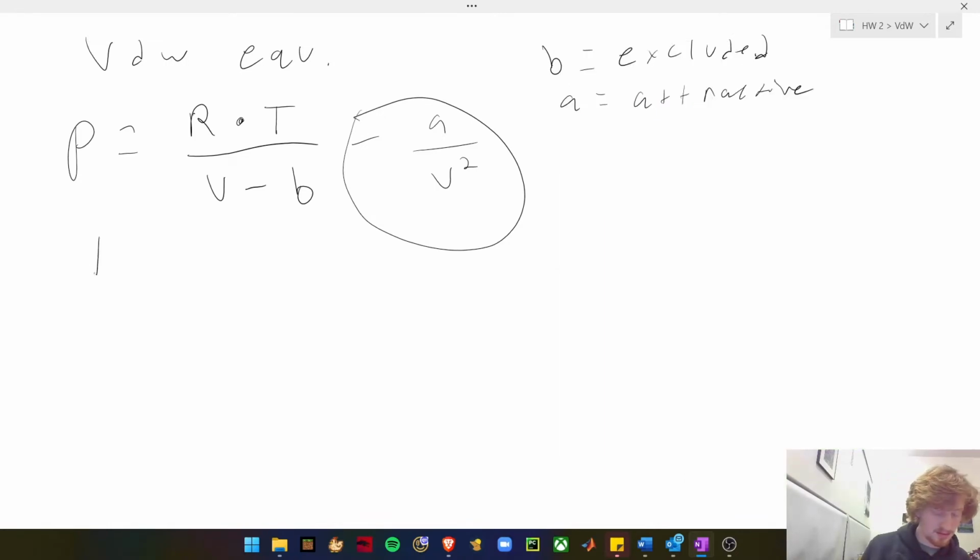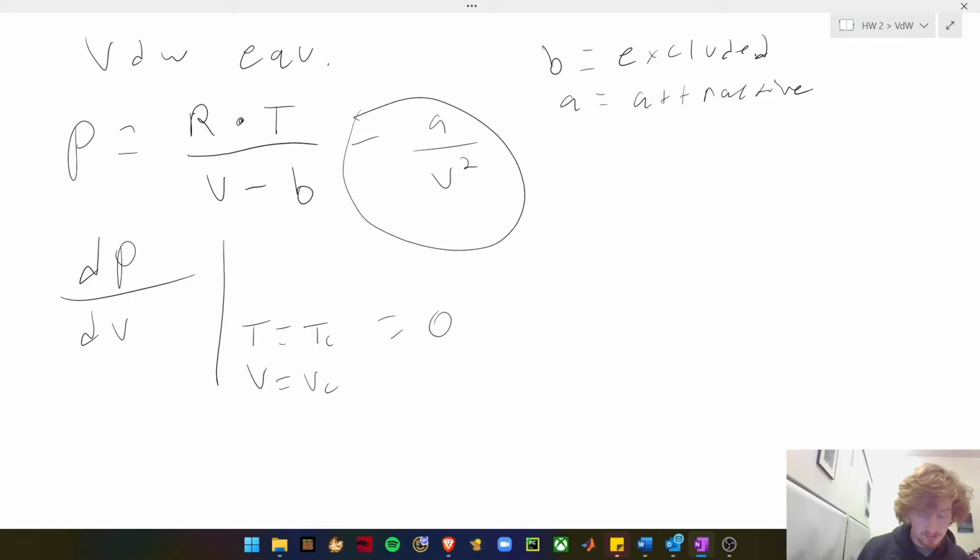So the way that we can write this is that the derivative of pressure with respect to the specific volume at the critical temperature and at the critical volume equals 0.